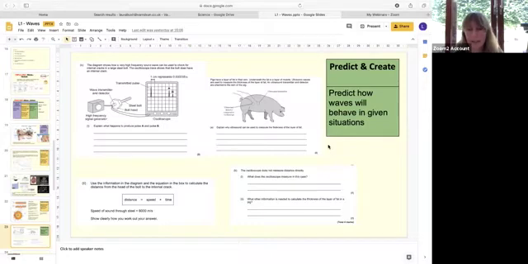So we're talking here about how the ultrasound wave can pass through the skin of the animal, but it will be reflected at the next layer of muscle. So we'll be able to determine that difference between them.